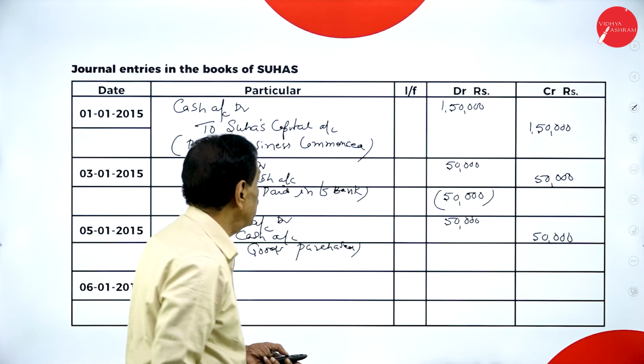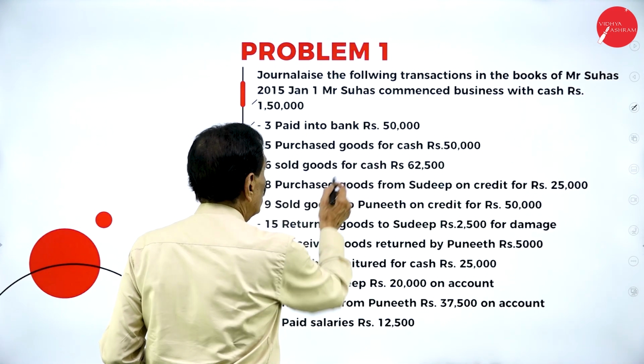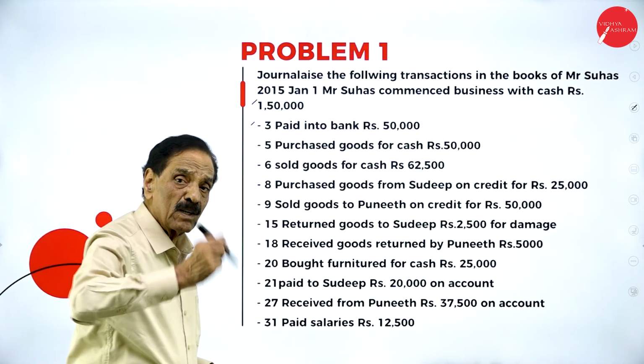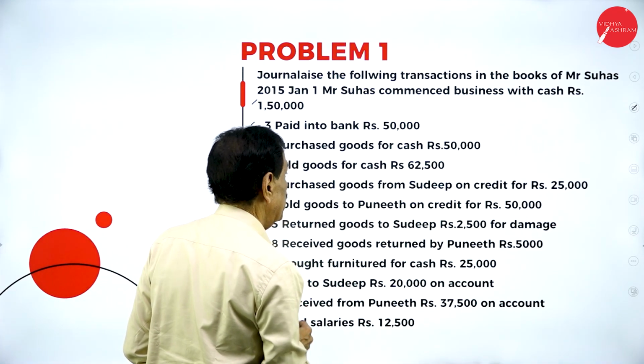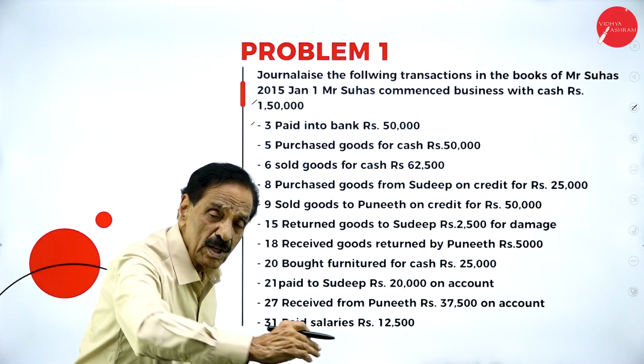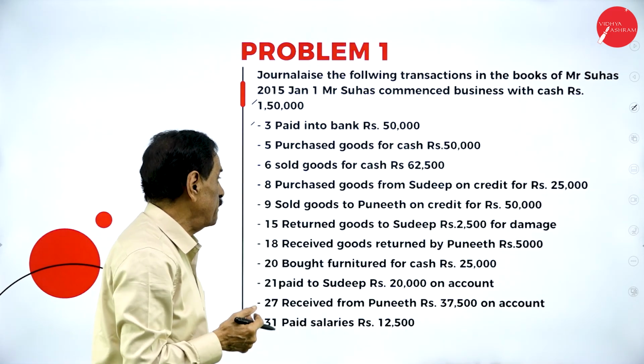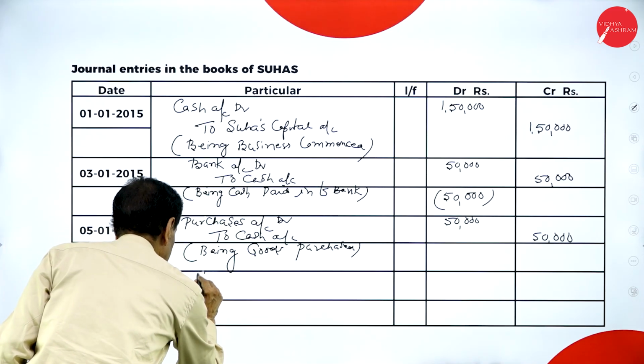Then the 6th one. Sold goods for cash. We are selling the goods for cash. So goods is going out, cash is coming in.